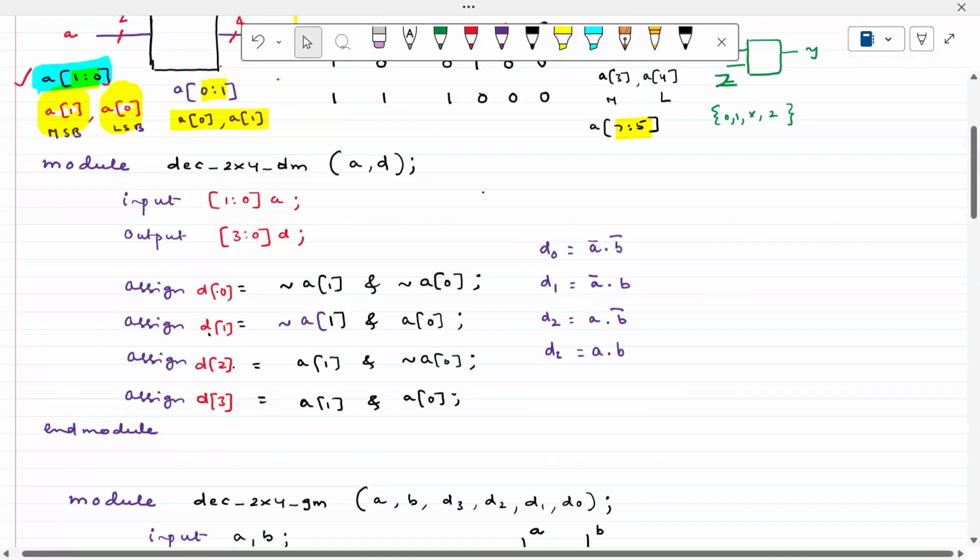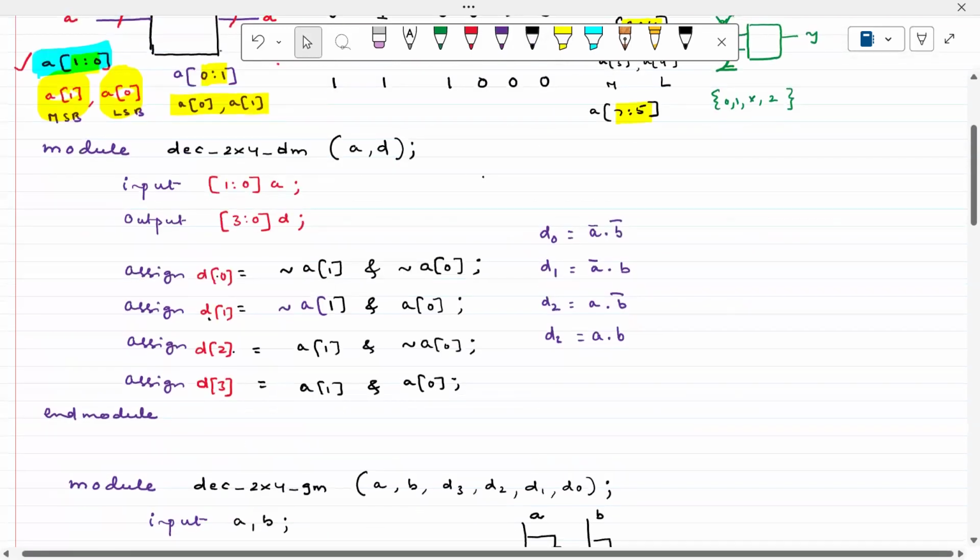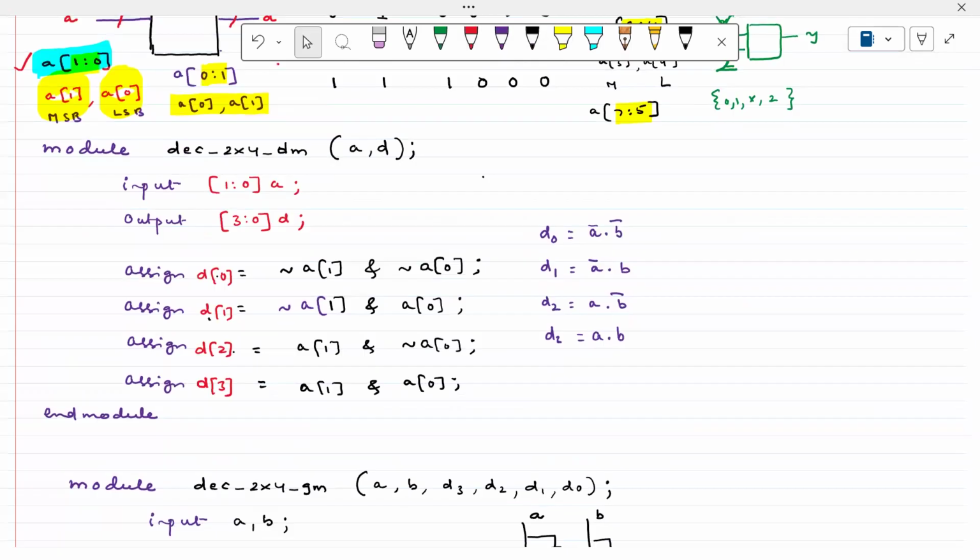Now what modification do I have to make in this program? I have to include the enable signal also. My request is that first you write all the inputs, then we write the outputs, right? Now we have to include E also.